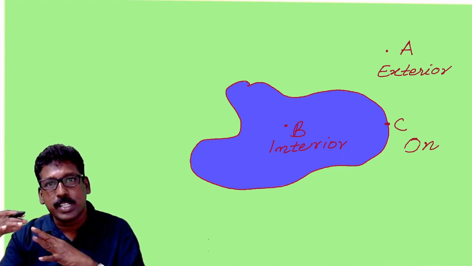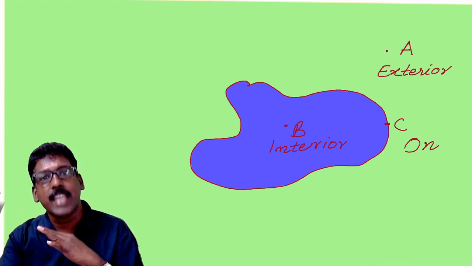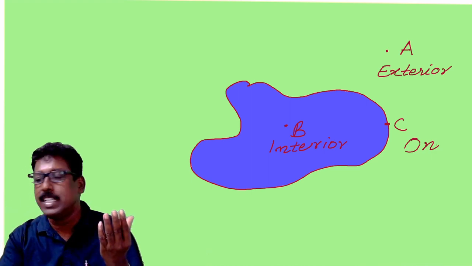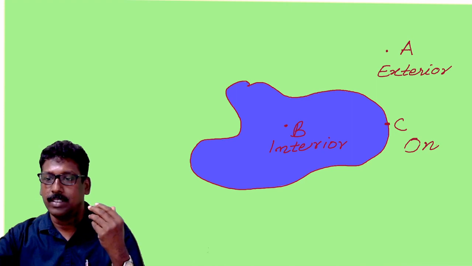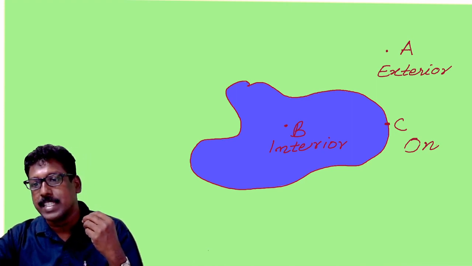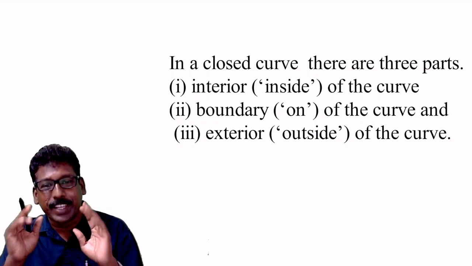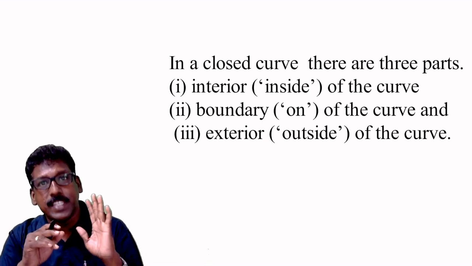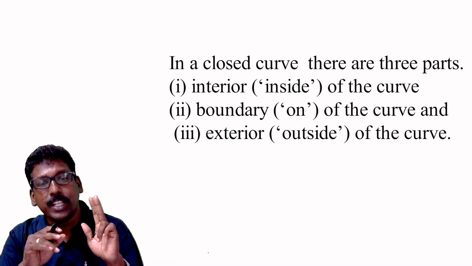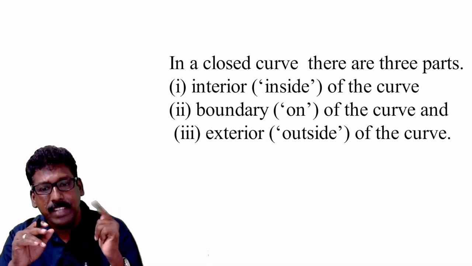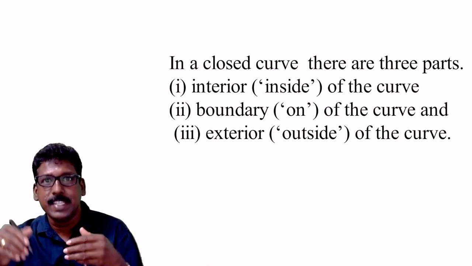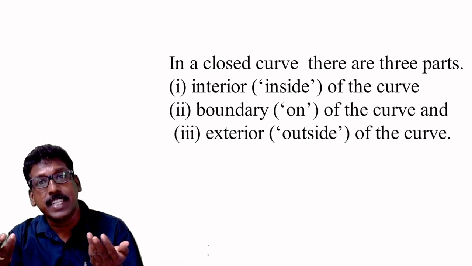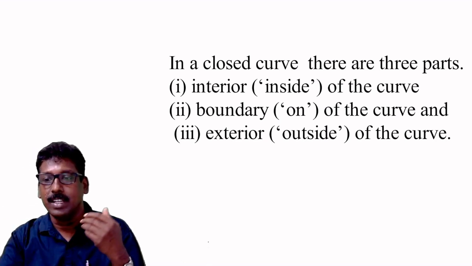So three portions are there: one is exterior, another is interior, and the third one is on the curve. So in a closed curve there are three parts: interior, boundary and exterior. Interior means inside, boundary means on the curve, and exterior means outside the curve.